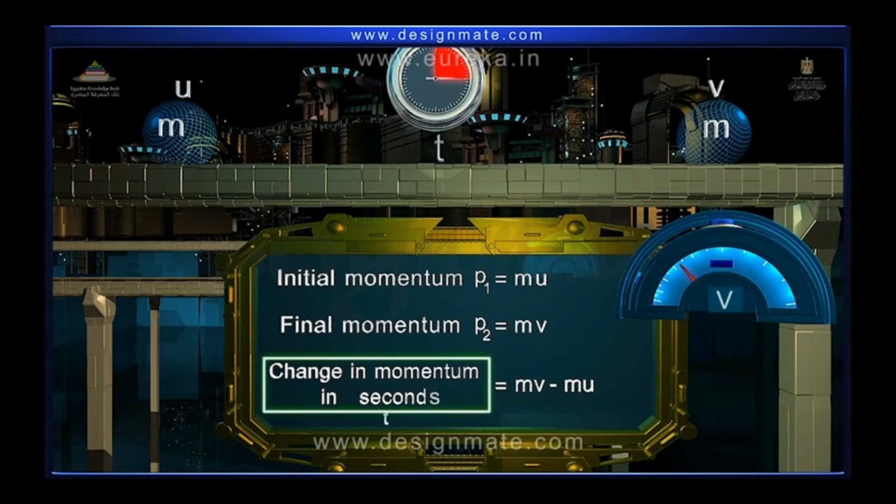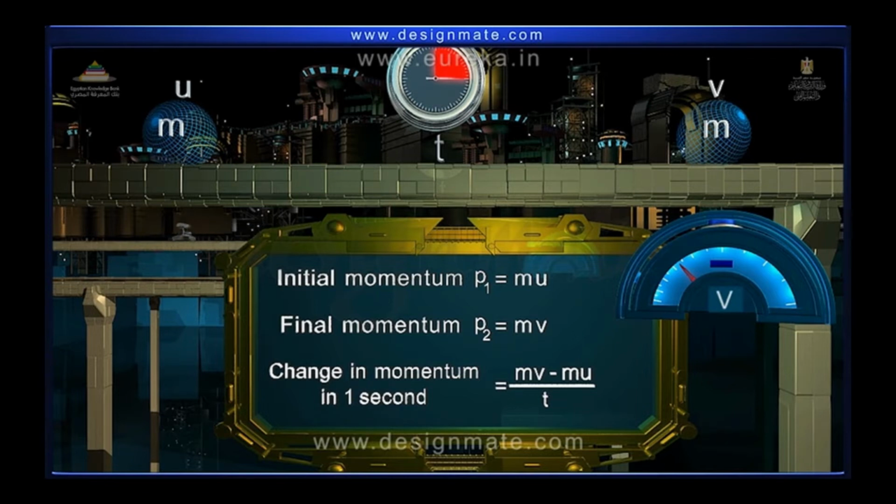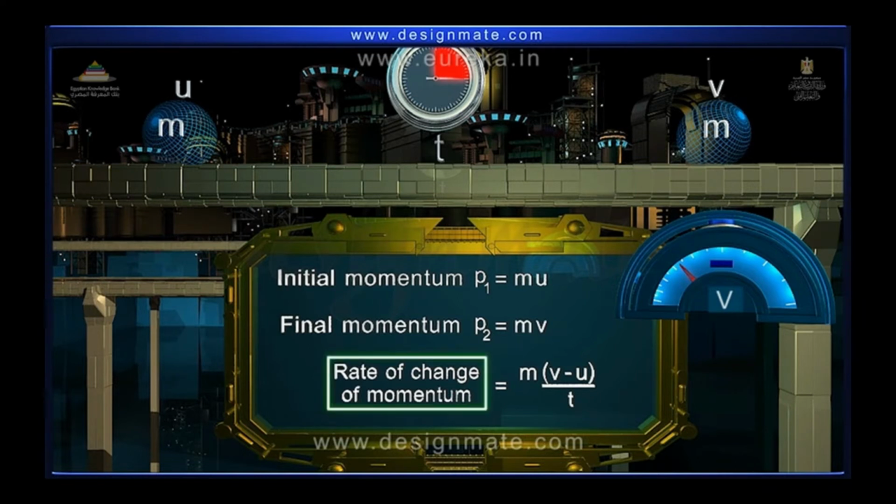Therefore, the change in the momentum of the body in 1 second is given by (mv minus mu) by t, that equals m into (v minus u) by t. We know that the change of momentum in 1 second is nothing but the rate of change of momentum. Hence, the rate of change of momentum equals m into (v minus u) by t, equation 1.